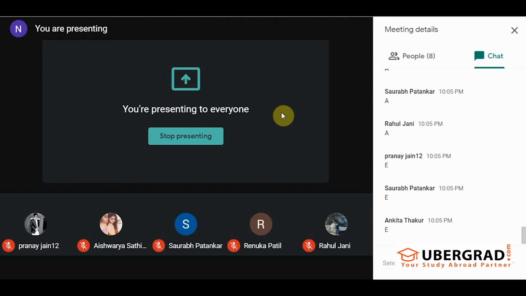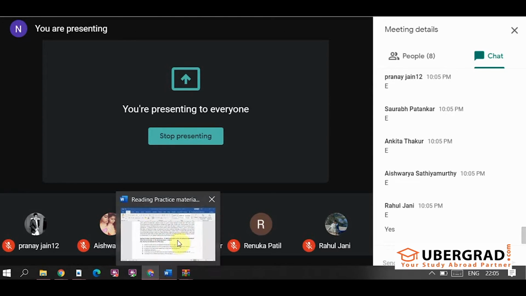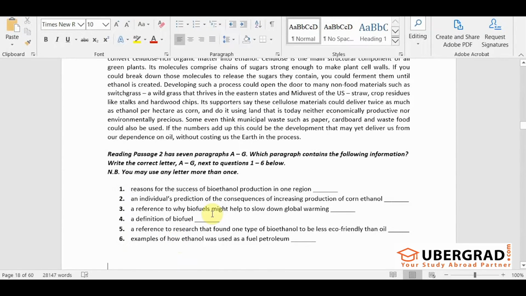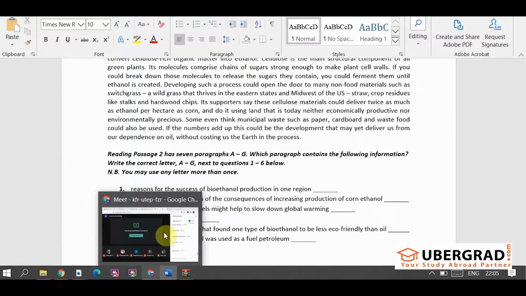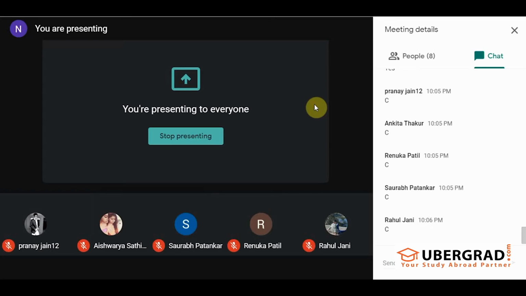E, right? E was talking that fossil fuels are less eco-friendly and biofuels are more eco-friendly. Or sorry, fossil fuels are more eco-friendly. Good. Examples of how ethanol was used as a fuel petroleum. So where is the example? In paragraph C, right? How it was used in different models of the car and how Brazil is still using it, right?